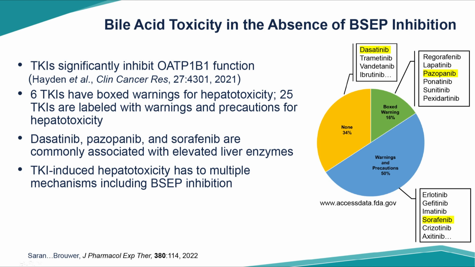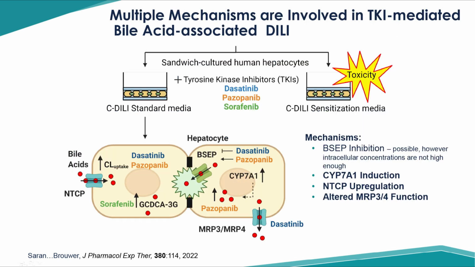They looked at 6 different ones here, and they proposed a number of mechanisms, including BSEP inhibition. But when they actually looked at that, BSEP inhibition wasn't relevant in this case, because you never were able to achieve the intracellular concentrations required to inhibit BSEP.